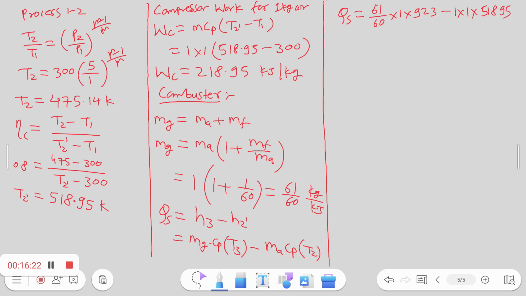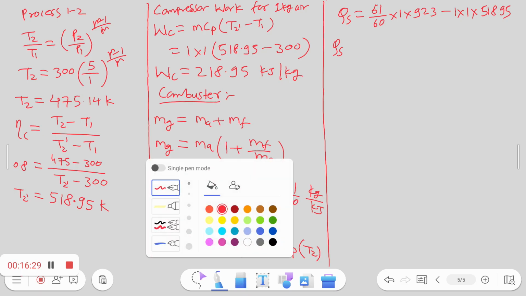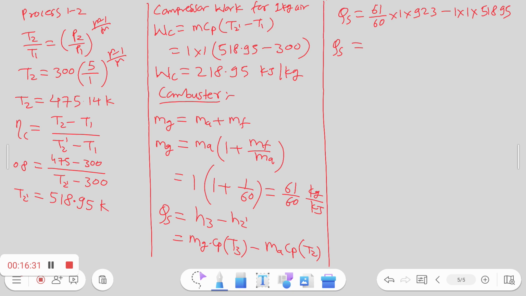So from this, what is the value of heat supplied in kilojoule per kg? How much is it? 419.43 kilojoule per kg.